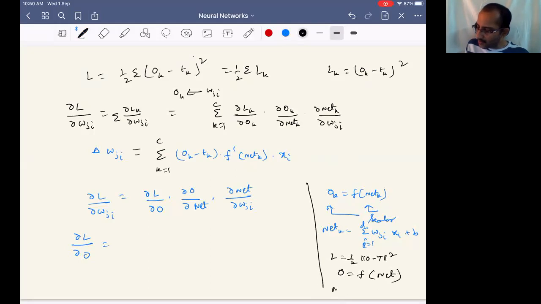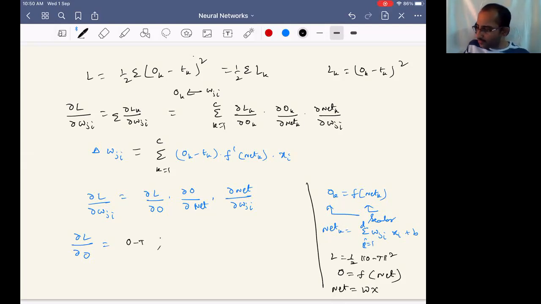And net is equal to W into X. Plus B is there, but we can just consider it within W. These are the relations we have. So now, what is dou L by dou O here? It is simply O minus T.